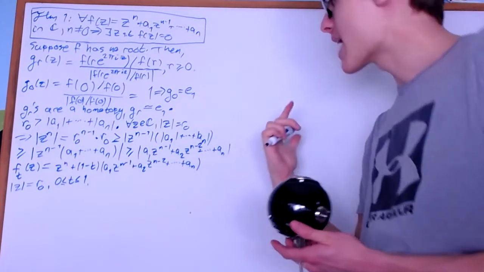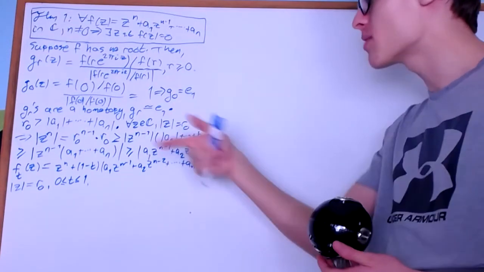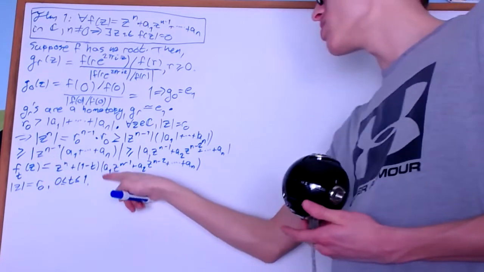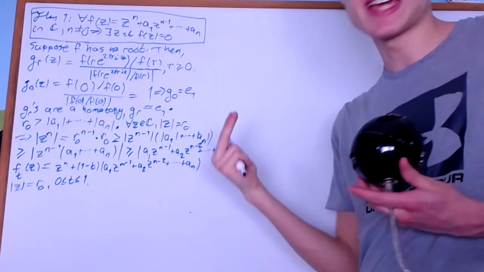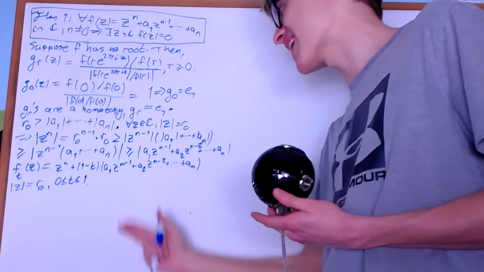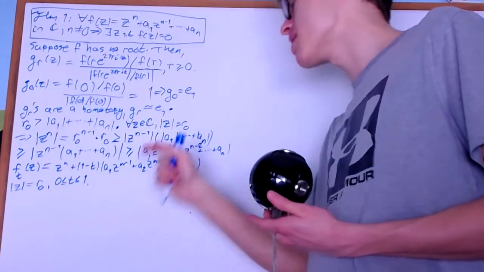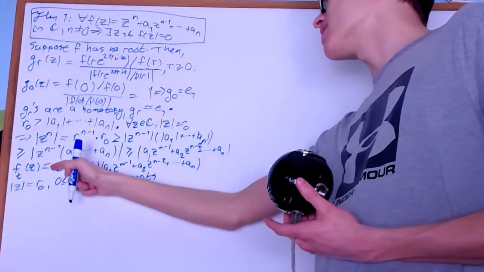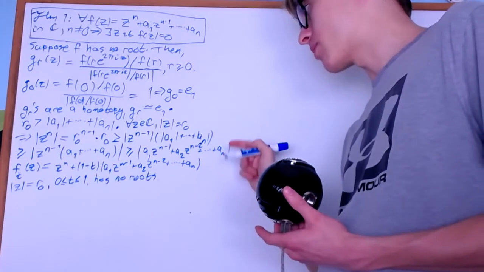Which means that this thing will never be able to reach 0. Because if this has a bigger magnitude than that one, they can never perfectly cancel out. In order for them to perfectly cancel out, they have to have the same magnitude, and so it has no roots.